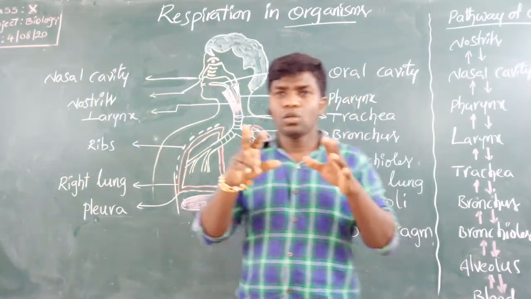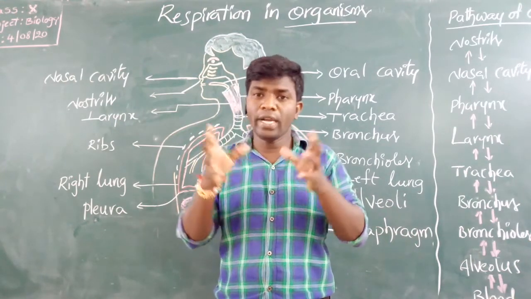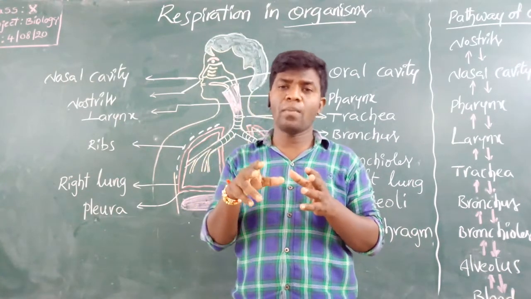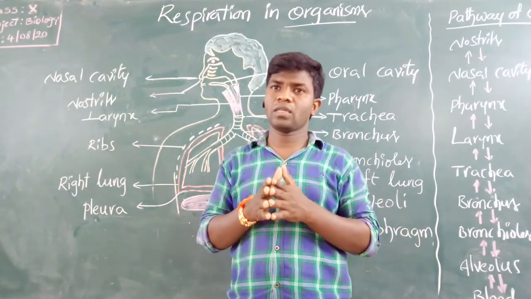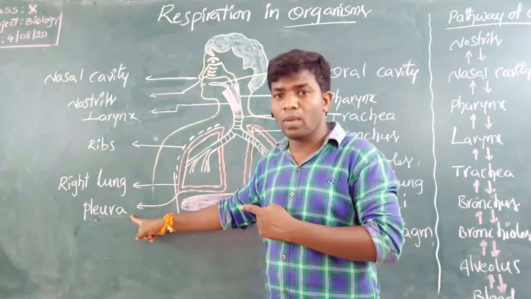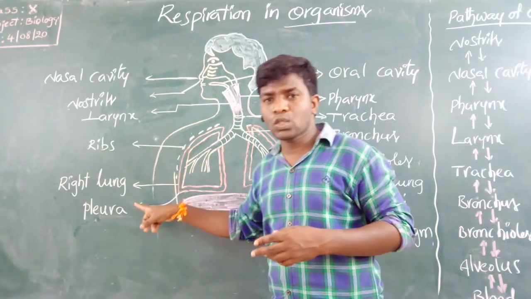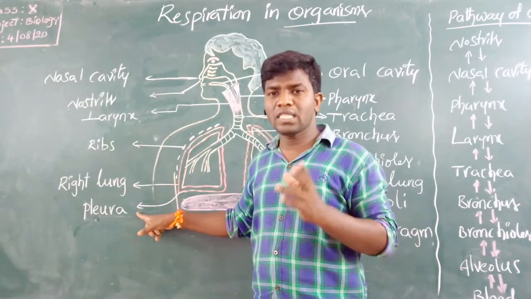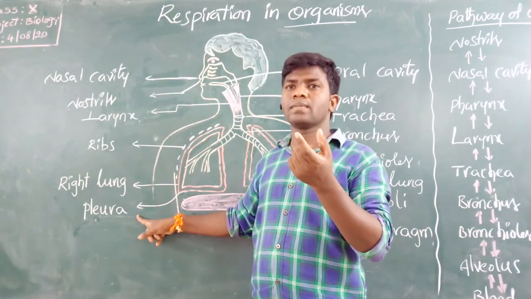In between the 2 pleural membranes there is a fluid. That fluid is called pleural fluid. The pleura means 2 layers that cover the lungs, and these 2 layers contain one fluid.